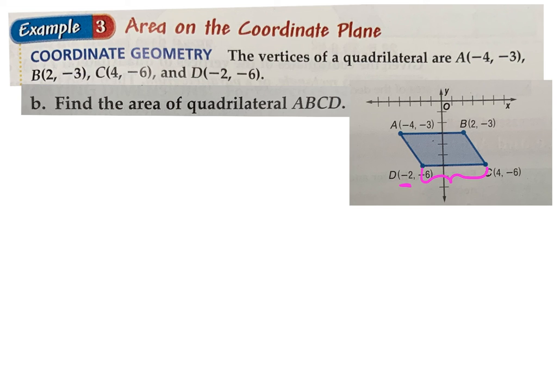So if I go -2 to 4, how far apart are -2 and 4? They're 6. And then when I'm looking at the perpendicular height here, what do I need to look at? My y value. So from -6 to -3, what's my height going to be there? 3. And so the area is easy. It's going to be 18.